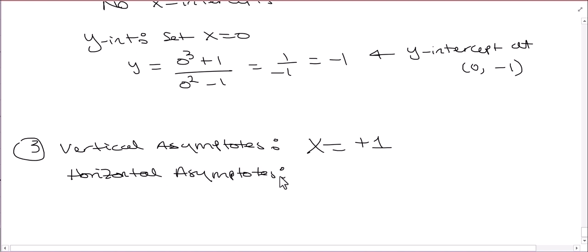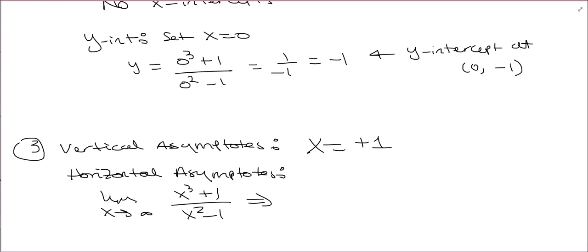For these, we take the limit as x goes to infinity and -infinity of the function. As x goes to infinity, this limit is going to go to infinity over infinity.